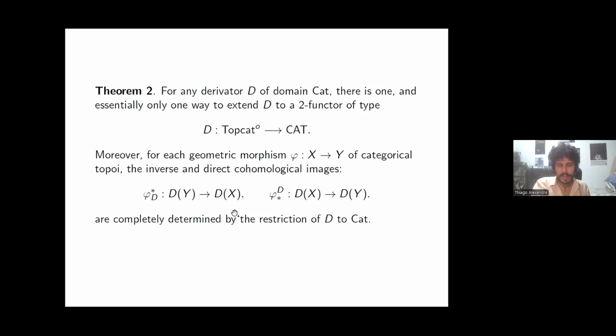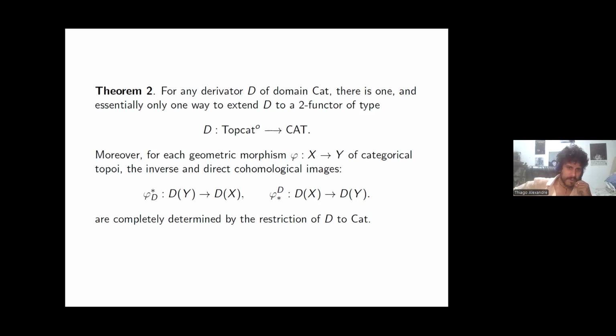So we have the inverse and direct images, and they are completely determined by the restriction of the two-cats. So this is a very important result, which gives even more evidence to it, a very important intermediary step to the extension of the derivator to all toposes.